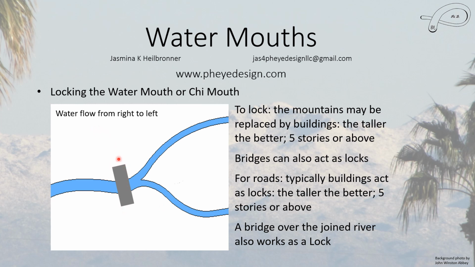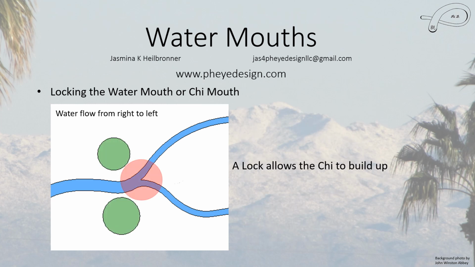Of course, I'm assuming there are roads on each side of the bridge. It's not just all by itself, but this will act as a lock also. When you have a lock, that allows chi to build up, and that chi tends to build up right over this water mouth or the chi mouth.